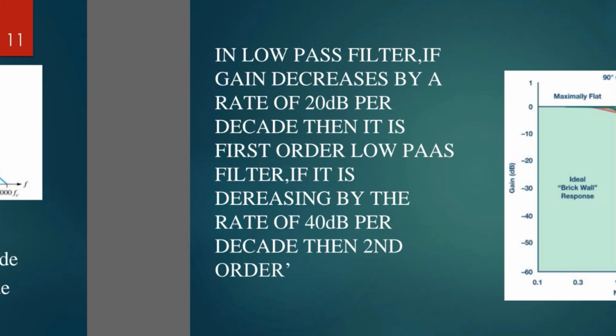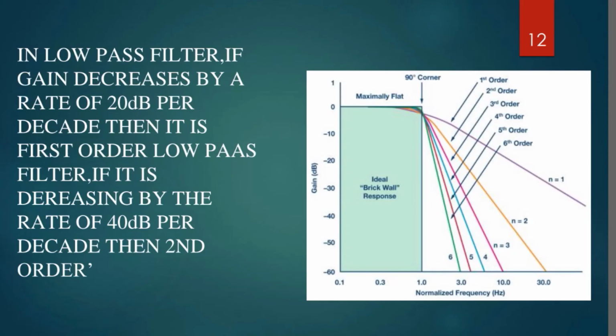In a low pass filter, if gain decreases at a rate of 20 decibels per decade, then it is a first order low pass filter. If it is decreasing at a rate of 40 decibels per decade, then it is second order. As we observed in the previous one, it is clearly shown here: the green one is the sixth order, the pink purple one is the fifth order, blue is the fourth order, pink is the third order, light yellow is second order, and the purple one is the first order.